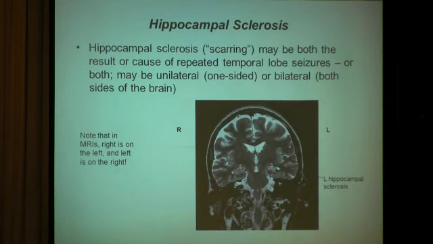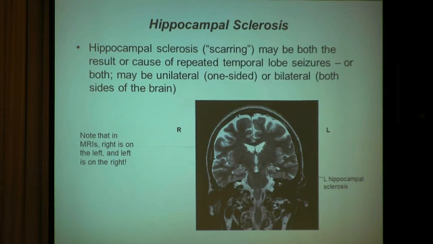All right. Hippocampal sclerosis. So the word sclerosis means scarring. So it means that the hippocampus in the brain has had something happen that's caused it to be scarred. And a scar, just like if you cut your hand and a scar formed over it, there are specific cells in the brain that form scars in brain tissue when there's damage.